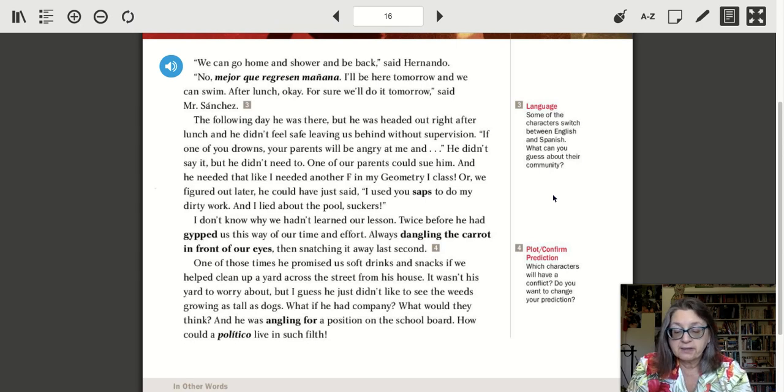Or, we figured out later, he could have just said, I used you saps to do my dirty work, and I lied about the pool, suckers. I don't know why we hadn't learned our lesson. Twice before he had gypped us this way on our time and effort.